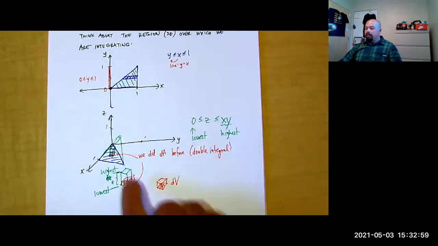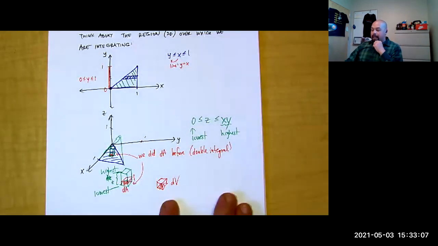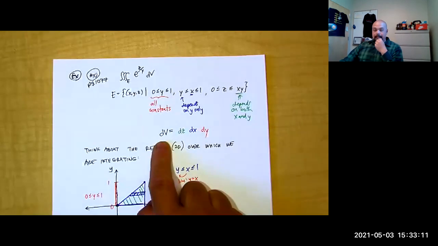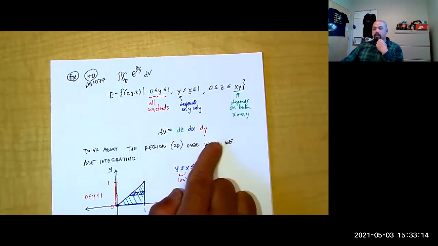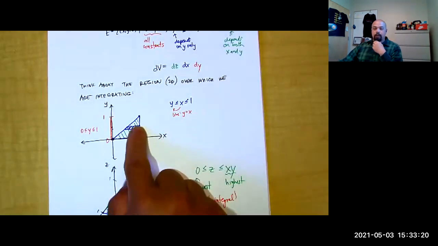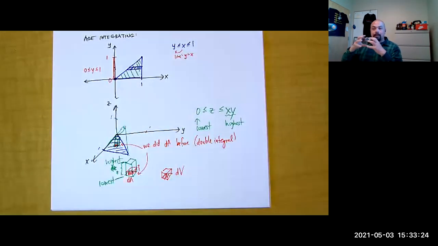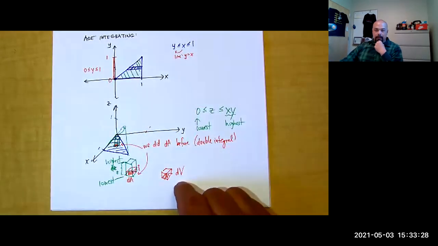If we start to draw these regions, we'll see some examples as we go on, where I reorganize, and it's going to identify how we organize a dv, whether I do dz, dx, dy, or dx, dz, dy. How I reorganize is going to be based on the region, integrating these columns that I use to fill that space, block by block.